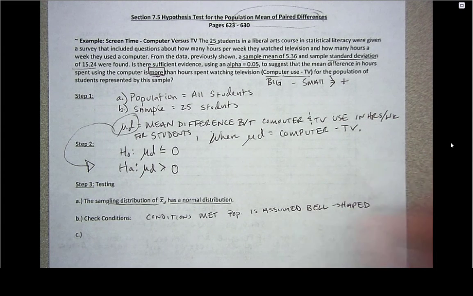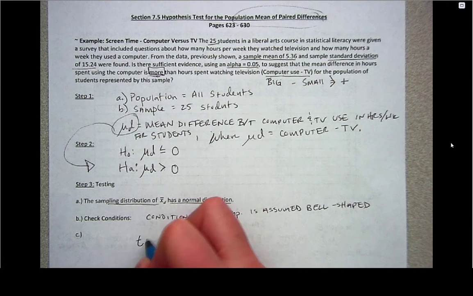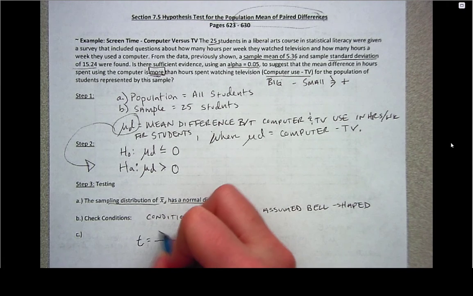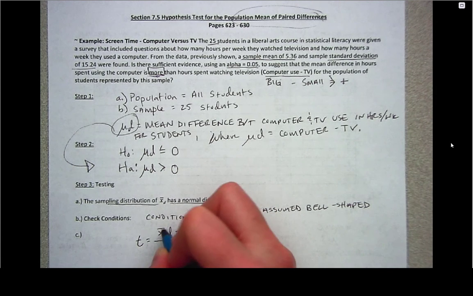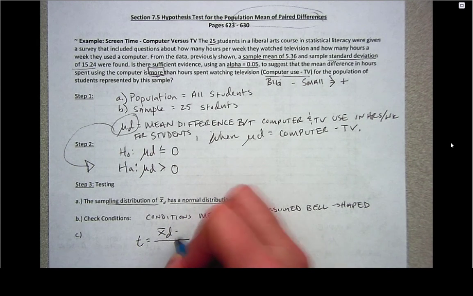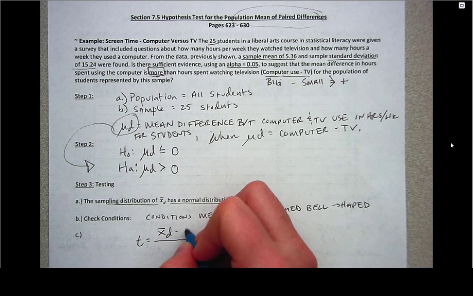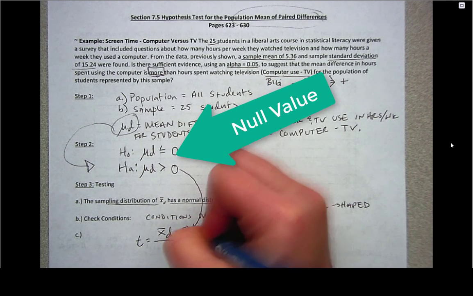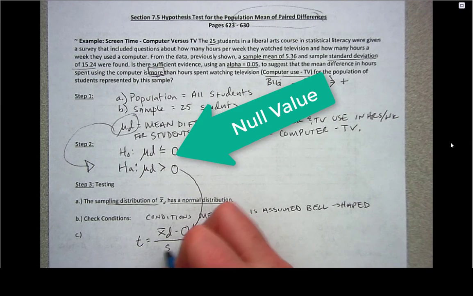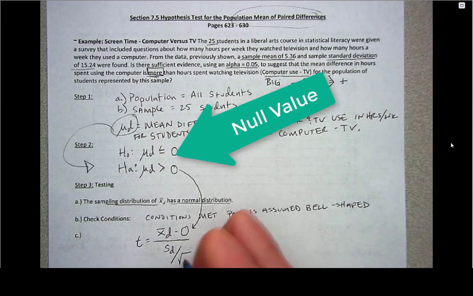So then we have a t-test statistic that we'll calculate, and these are actually similar to what we did in chapter 3. It's our sample estimate. So here our sample estimate is x bar sub d minus our null value, but for these problems our null value is 0, so it's x bar sub d technically minus 0 divided by standard error.